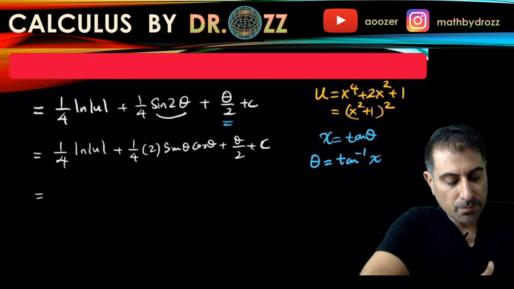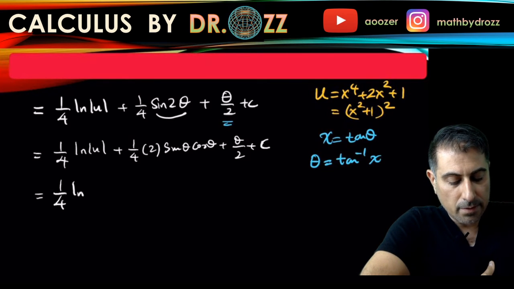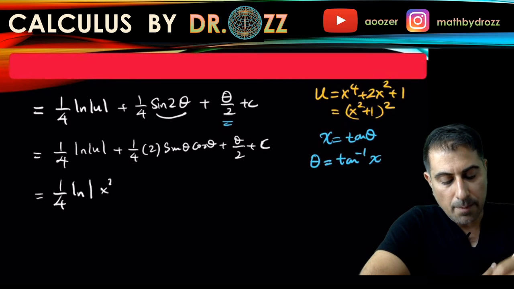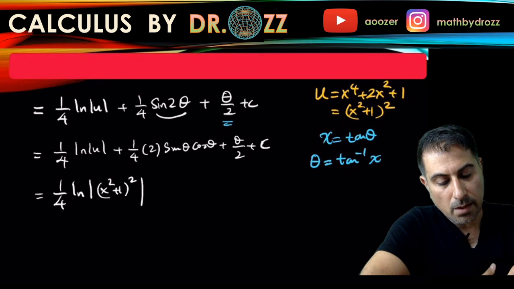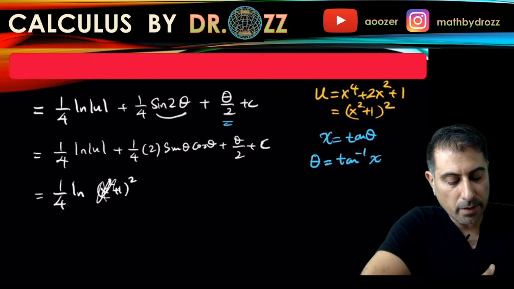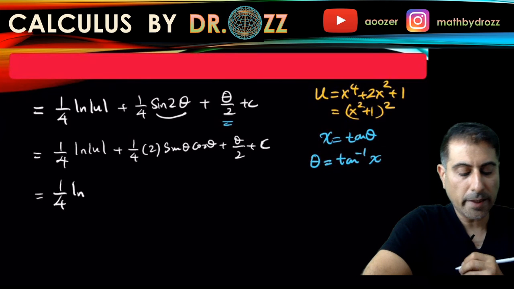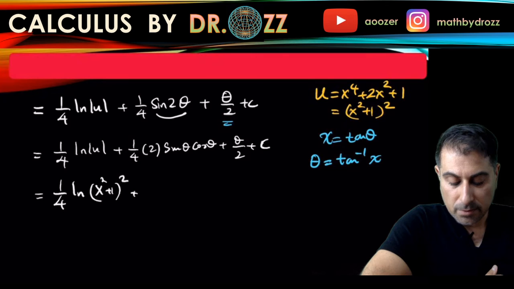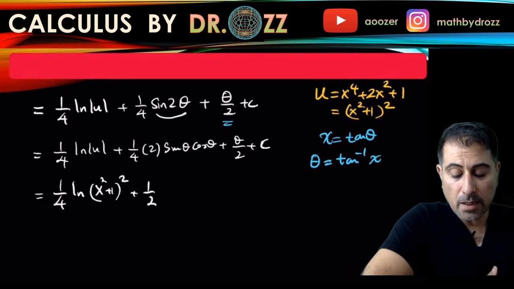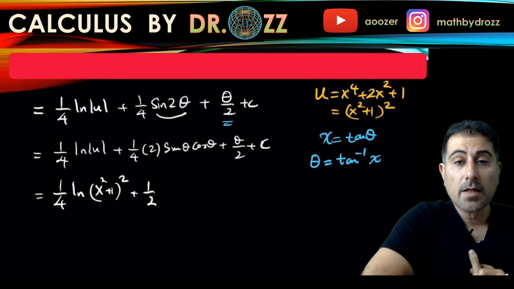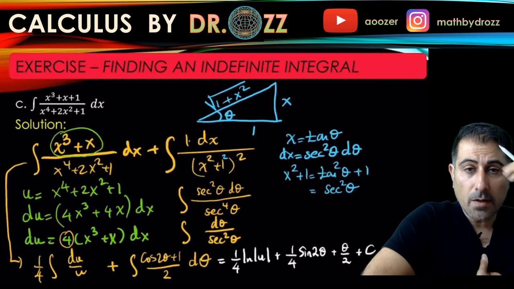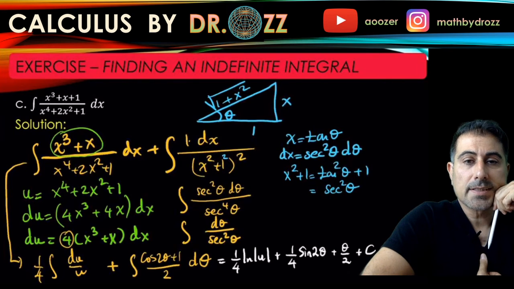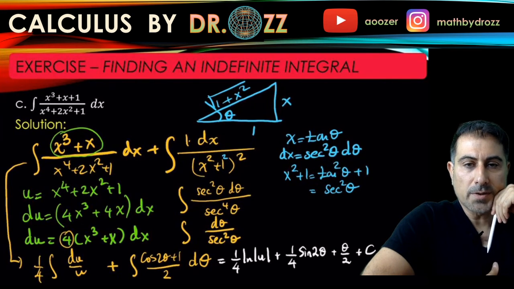1/4 ln u, and that is ln of x squared plus 1 squared. That's already positive, so we don't need to put the absolute value sign here. Let me just clean that. So x squared plus 1 squared. I have 1/2. Now let's go back to the triangle. I need sine theta and cosine theta. Okay, so here, if you look at that triangle over there, sine is x over radical 1 plus x squared.